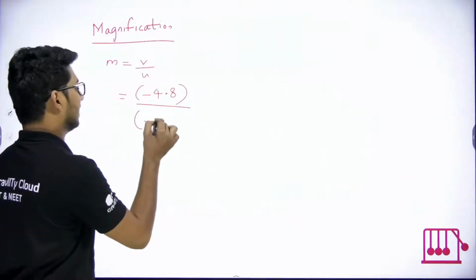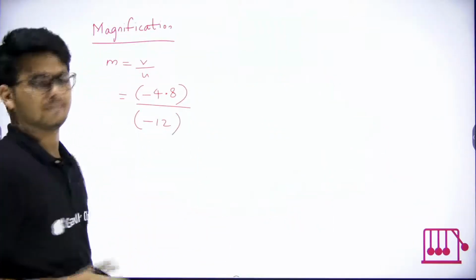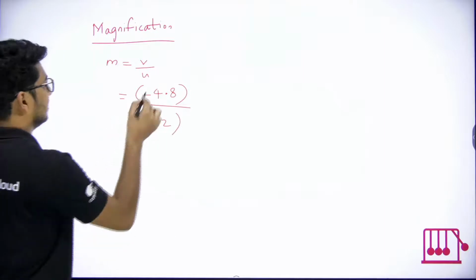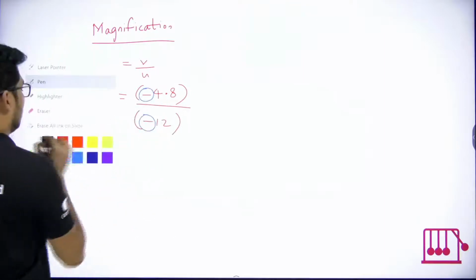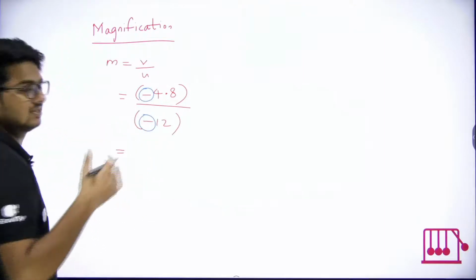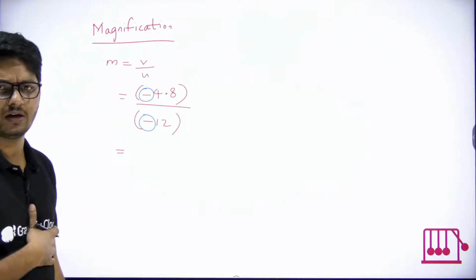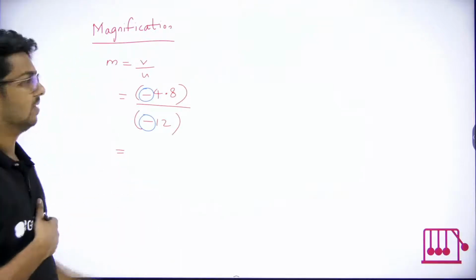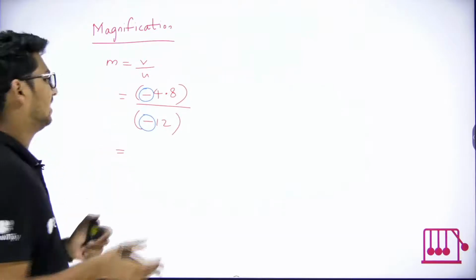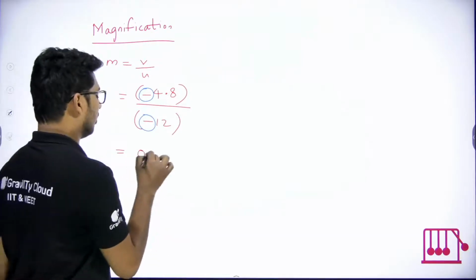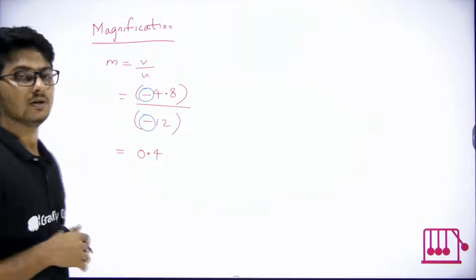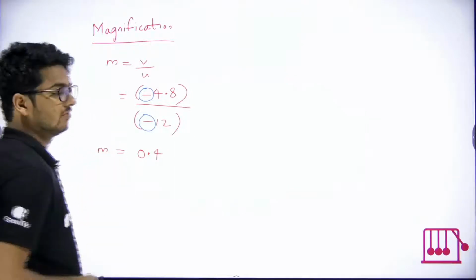So again brackets, minus 12. Then as you can clearly see, it is negative upon negative, it becomes positive, plus 4.8 upon 12. How much is that going to be? 12 4s are 48. But you have 4.8. So it becomes 0.4. So the magnification is 0.4.